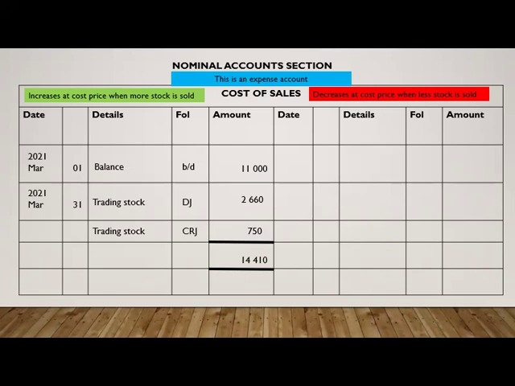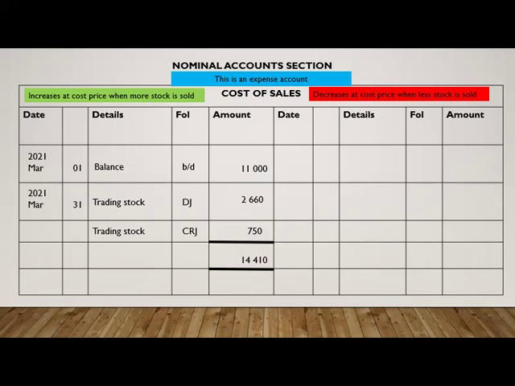You will write it on the debit side of cost of sales. And that is because cost of sales increases at cost price whenever we sell. So whether we're selling it for cash or credit, it will increase at cost price. Credit will be DJ, cash will be CRJ.